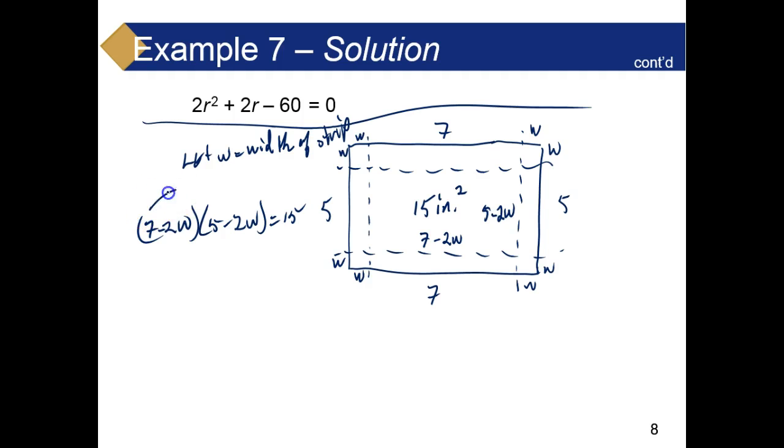Okay, curse is foiled again. What do you get? 35 minus 14W minus 10W plus 4W squared is equal to 15.